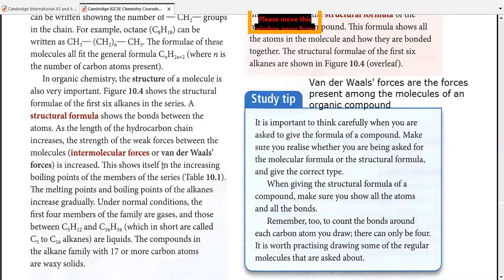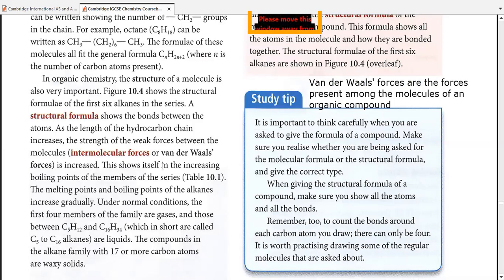Any question about these forces? Because that's about it. That's where we draw the boundary line. Van der Waals forces are not discussed any more than this definition in your book, and usually this definition isn't even a part of your paper. If you take a look at your past papers, there aren't many questions about Van der Waals forces. There would rarely be one or two questions, and the same line is discussed in that question in the past 10 years.